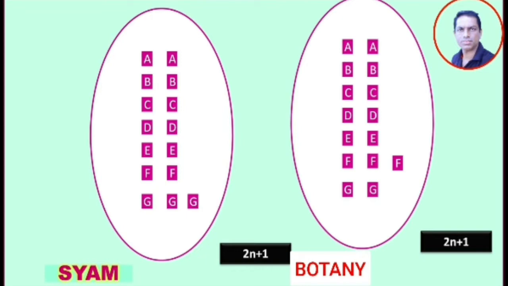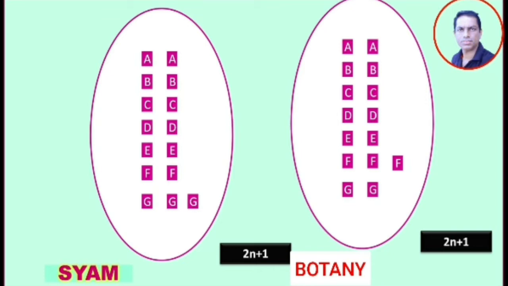From the entire number of chromosomes in that cell, one extra individual chromosome is added at any place in the entire genome, either A or B or C or D or E or F or G. This condition is called trisomy. If you observe this picture closely, at one place the chromosomes are not bivalents, trivalents are present.